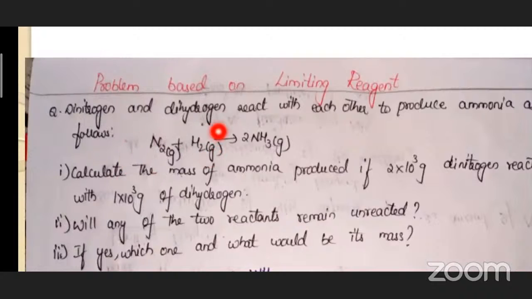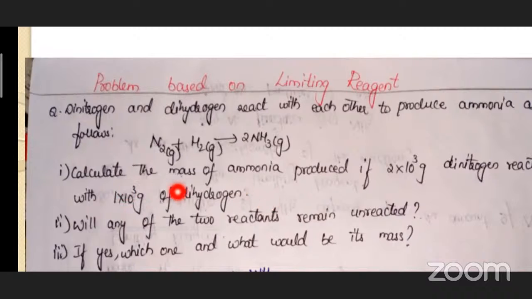So N2 and H2 are reacting to form NH3, this is ammonia. So what is given? Calculate the mass of ammonia produced if 2 into 10 to the power of 3 grams of dinitrogen reacts with 1 into 10 to the power of 3 grams of dihydrogen.